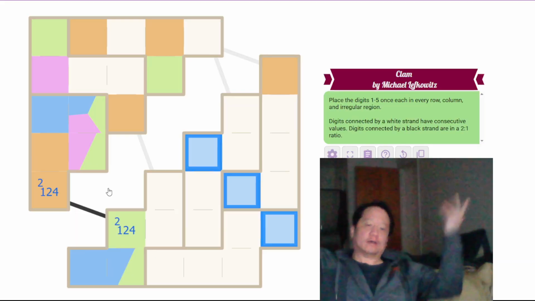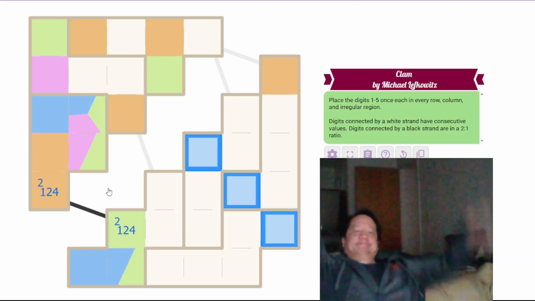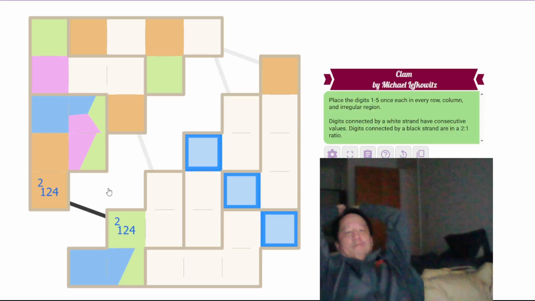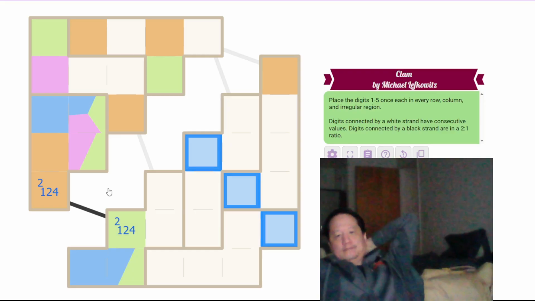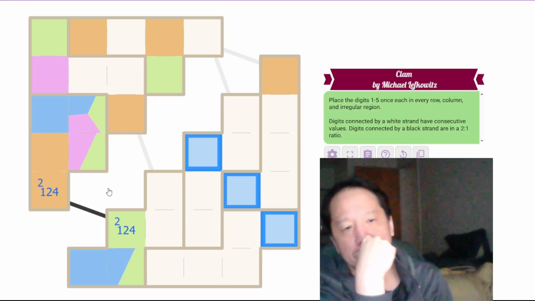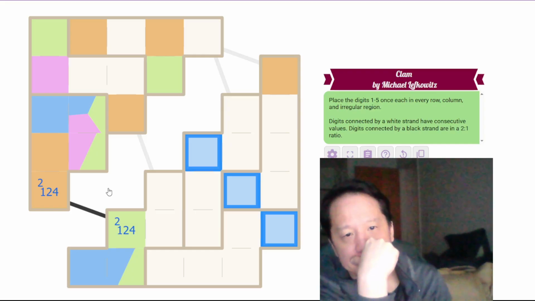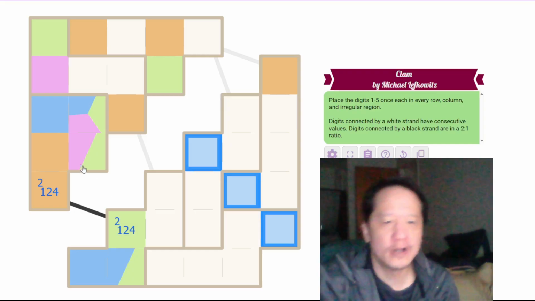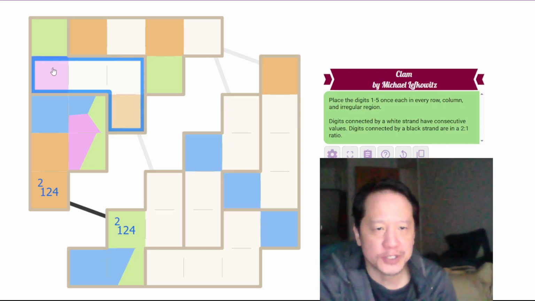Blue could be pink also. Okay. Where is blue in this region?